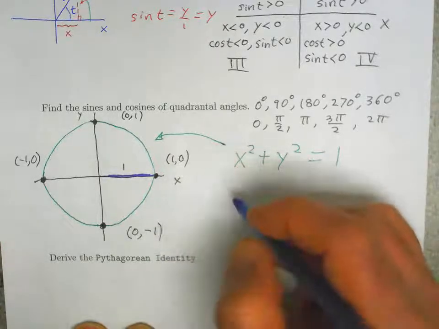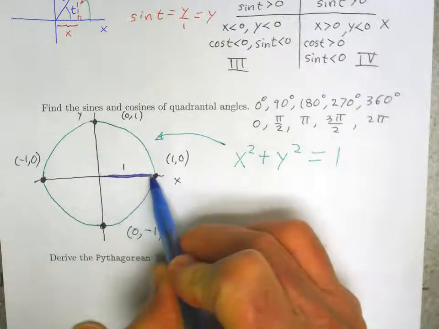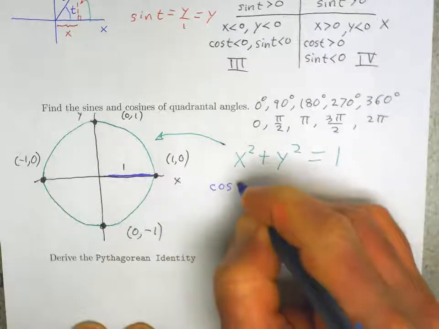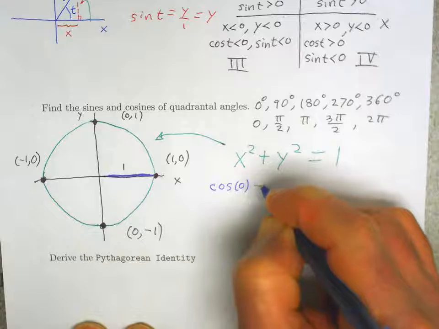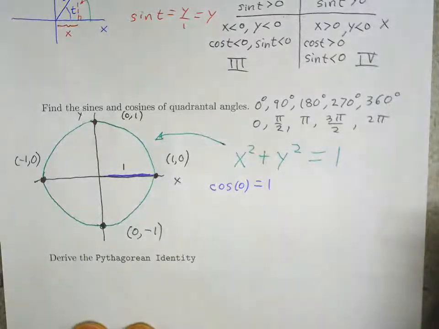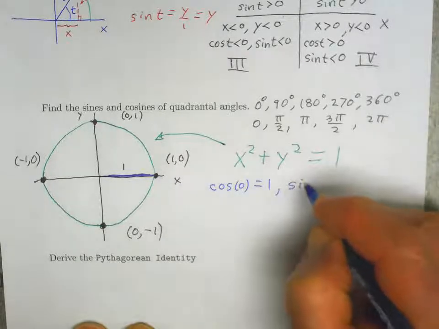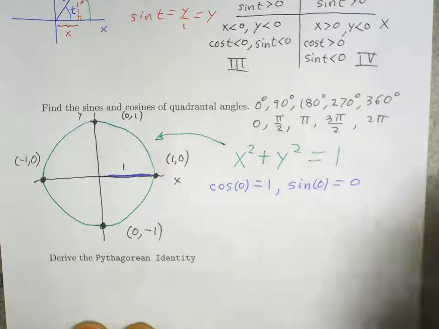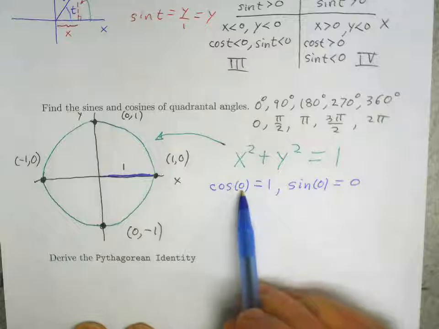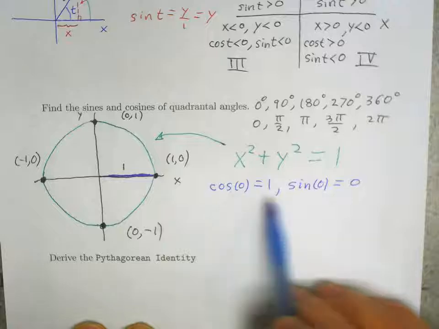So we can say that since the x-coordinate is cosine of the central angle, cosine of 0 equals 1, because the x-coordinate is 1, and sine of 0 is equal to 0. So I'm just going to use the radian measure for the central angles.